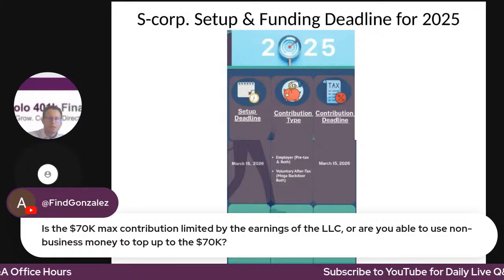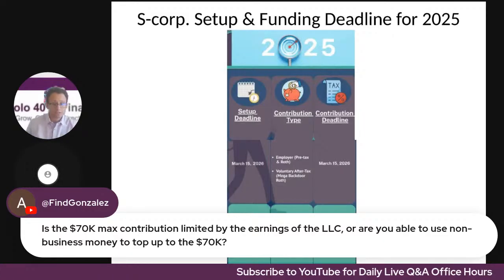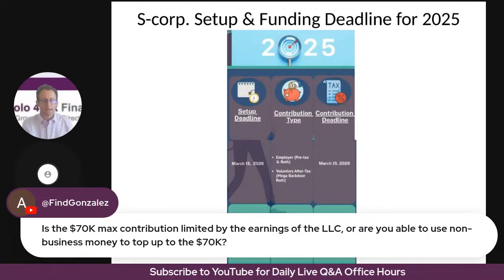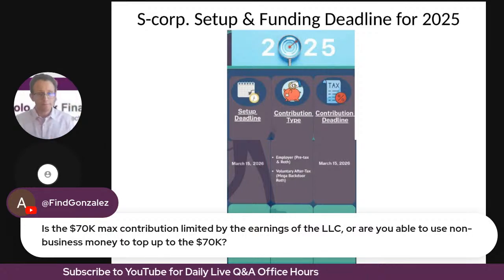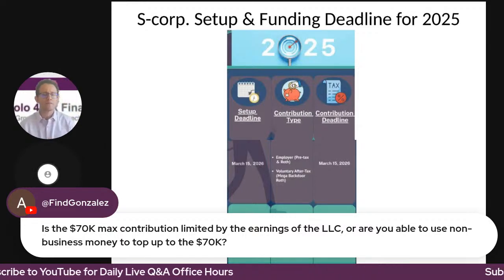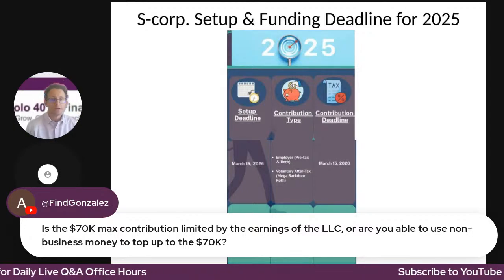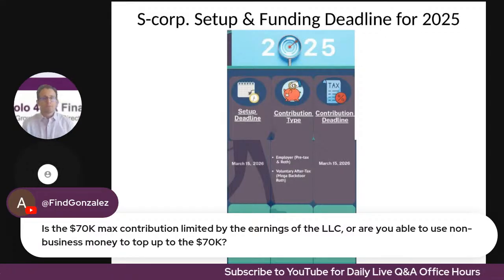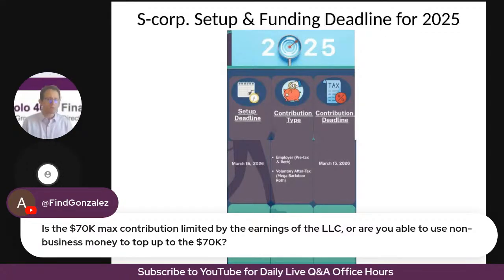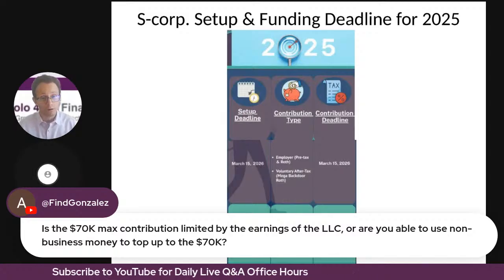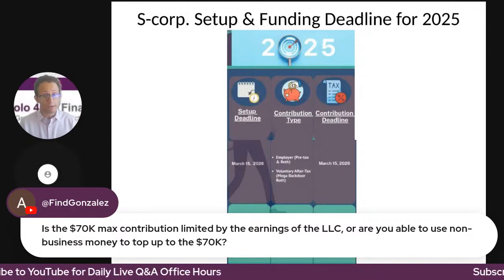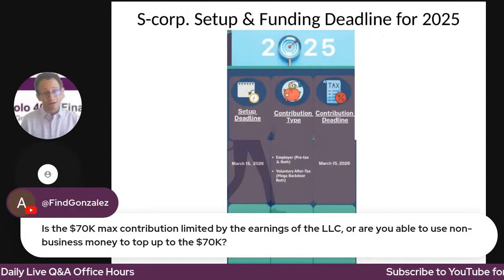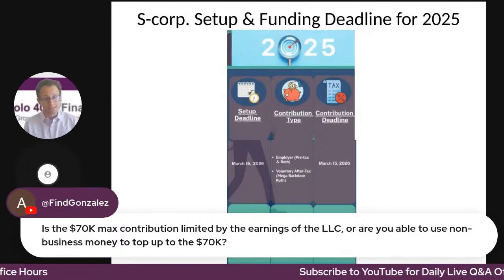So no, you can never make contributions to the solo 401k plan from any income besides earned income from self-employment activity. So if you want to contribute to your solo 401k plan regarding any contribution type, whether employee, employer, or voluntary after tax, those have to be based on your earned income from your self-employed business.